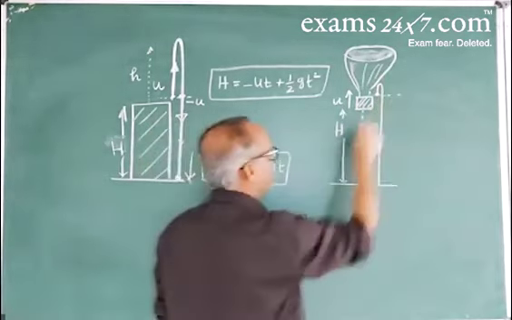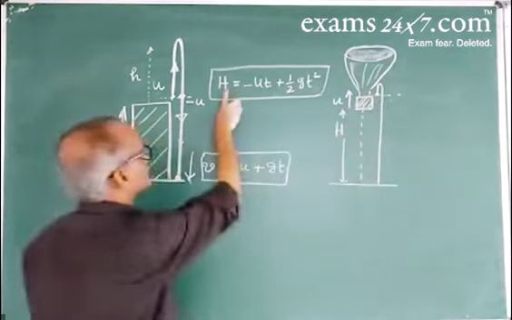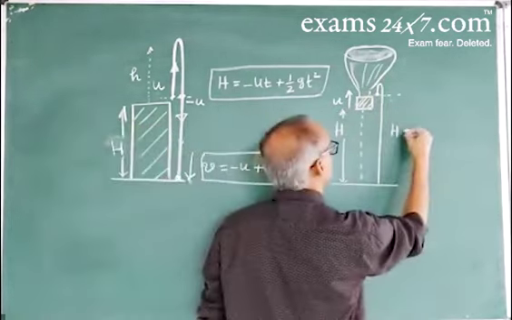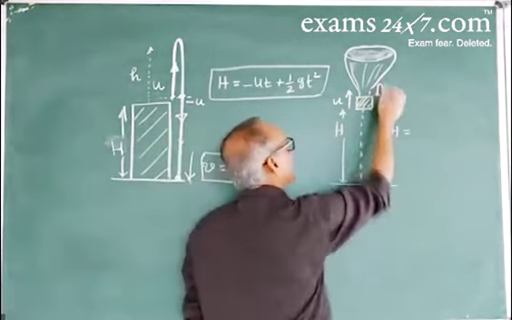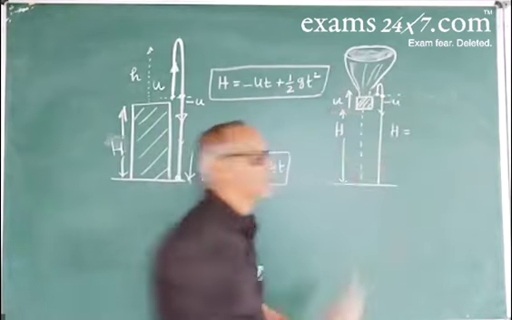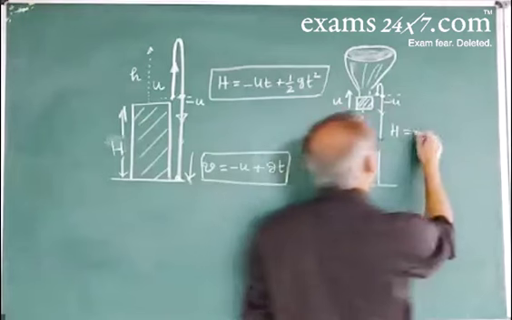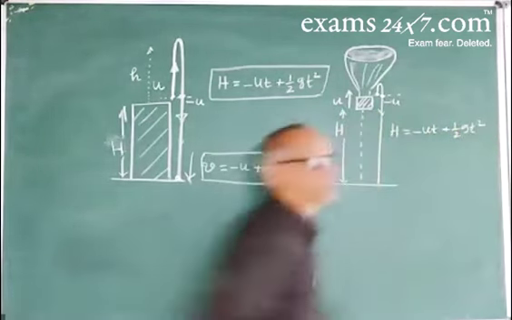The net displacement is the height of the balloon above the ground, which is h. Then, since it moves upward and then falls back, when it reaches here, its velocity is minus u in the downward direction. That's why it is minus u t plus half g t squared.